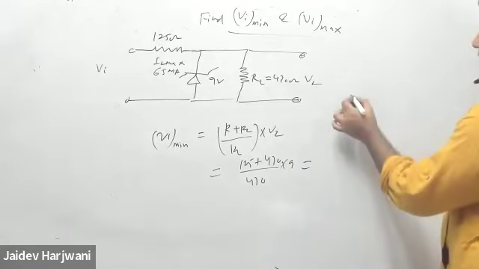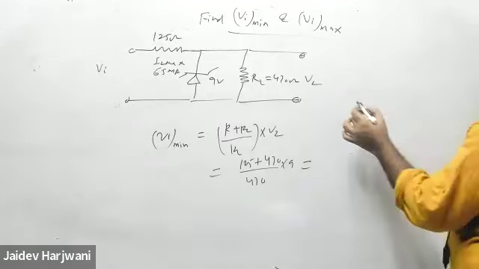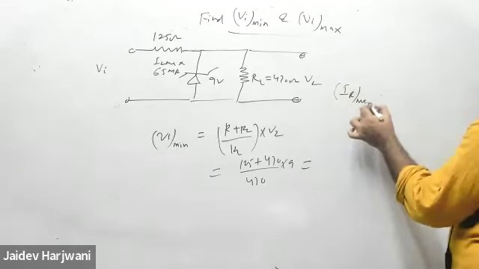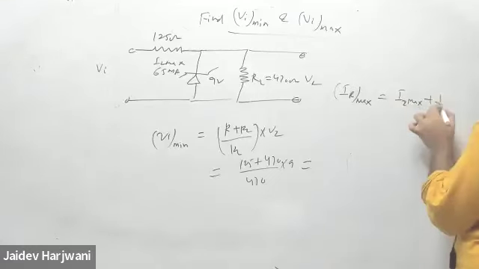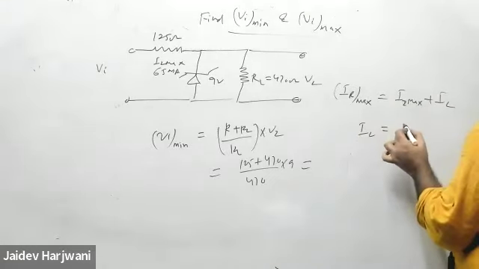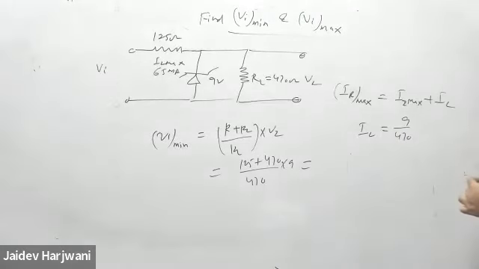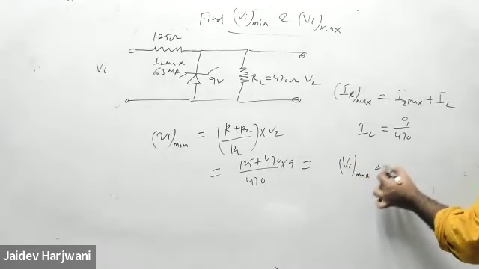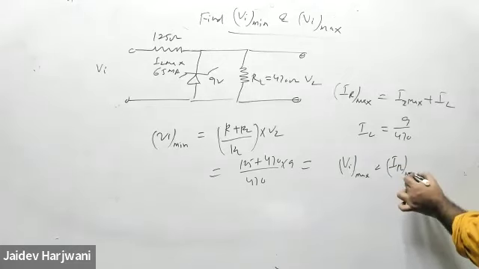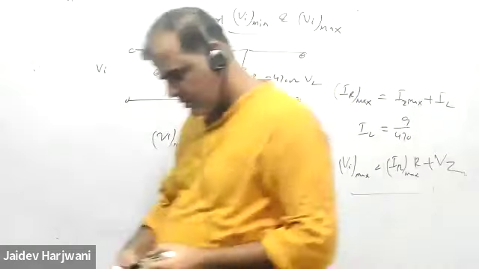And when this is on, and I is IR max, IR max is equal to IZ max plus IL. IL is how much? IL is 9 divided by 470. You can calculate this one. And VI max will be IR max into R plus VZ. Tell me the values.